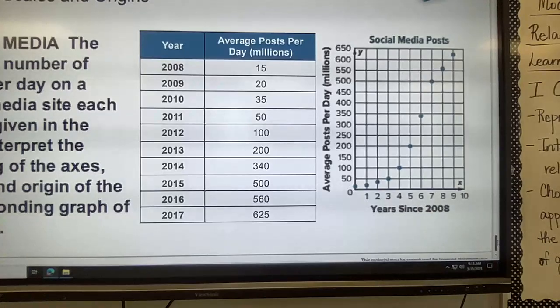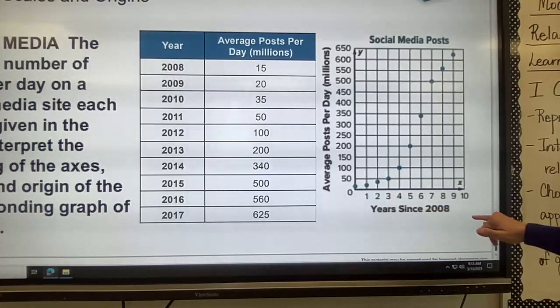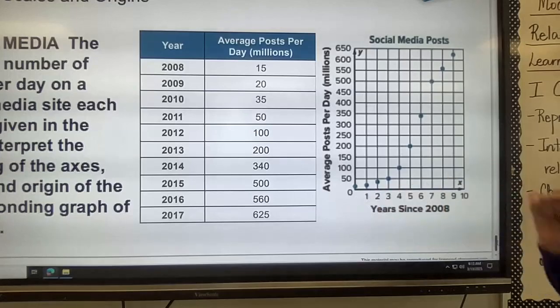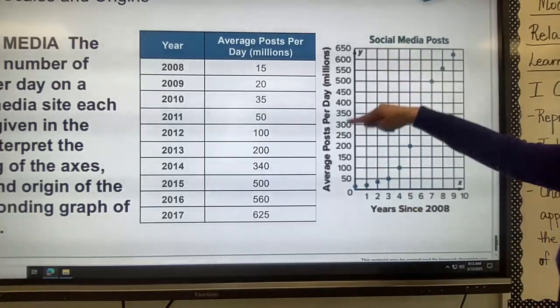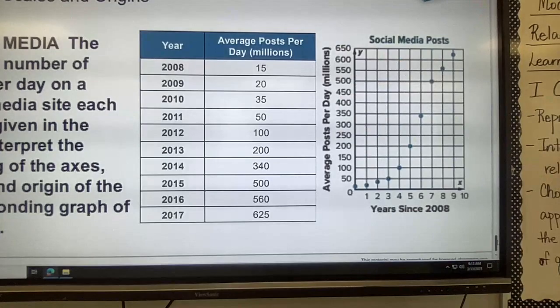So the x-axis represents the number of years since 2008, because it is not appropriate to start at the year 0. And the y-axis represents the average number of posts per day in millions on the social media site. The x-axis has a scale of 1 mark equal to 1 year.